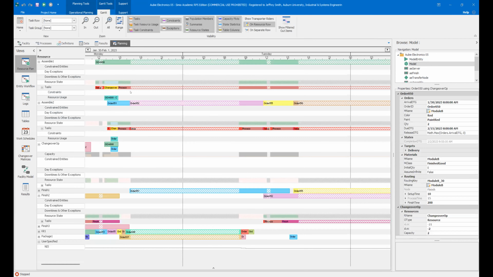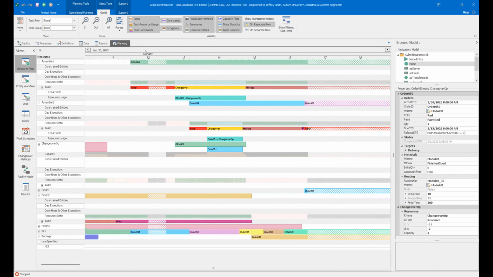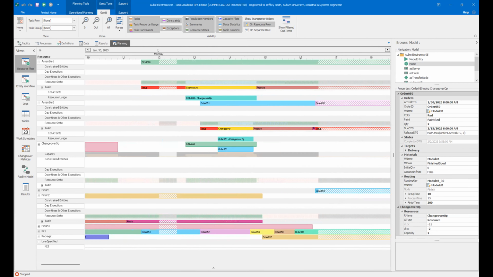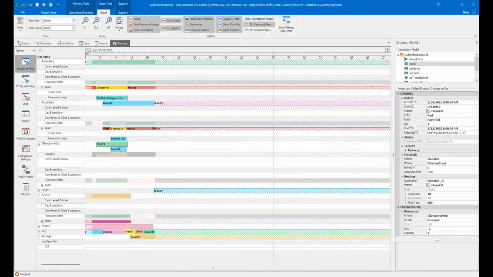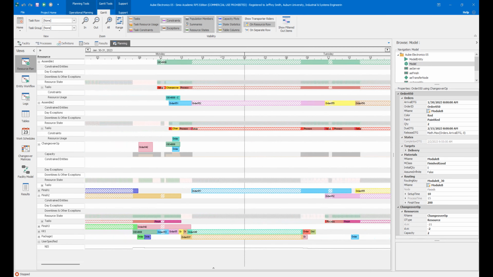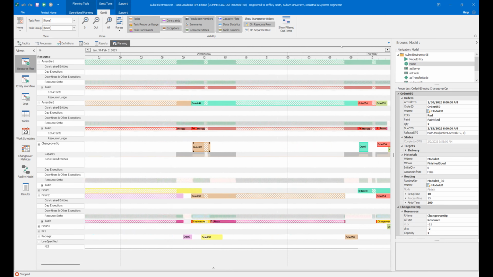But if I look at my resource plan again, and look at my changeover operator, you're going to see that some of these changeovers span off shift time. Let's see if I can find one here. Yeah, there's one right there. Well, here's two right here.